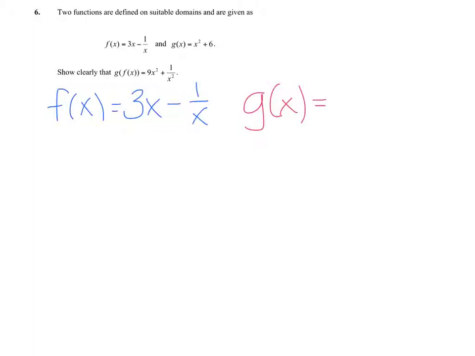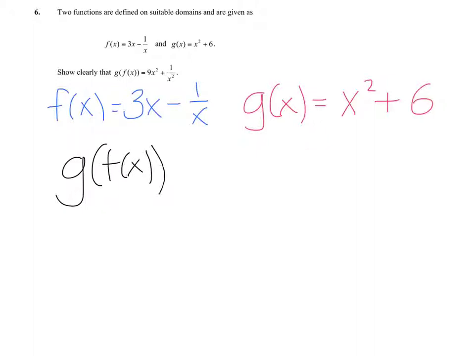So first of all, the f function is f of x equals 3x minus 1 over x, and the g function is g of x equals x squared plus 6. So the composite function that we're trying to find is g of f of x.